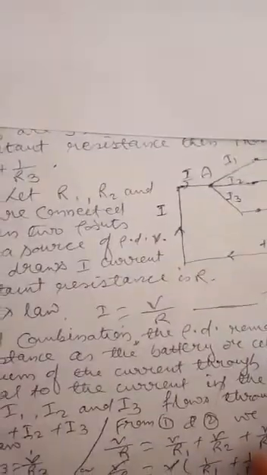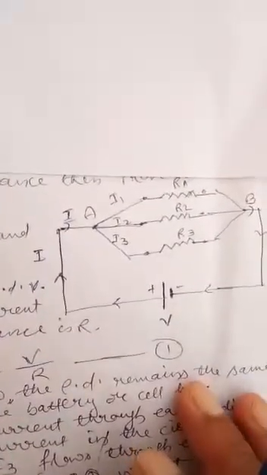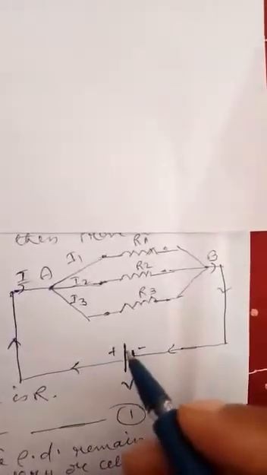Let it be equation 1. Now come to the figure. In parallel combination, the same potential difference will be across each resistance as in the battery. So here is V, here also it will be V, and here also potential difference V. But this current I will get divided over here.